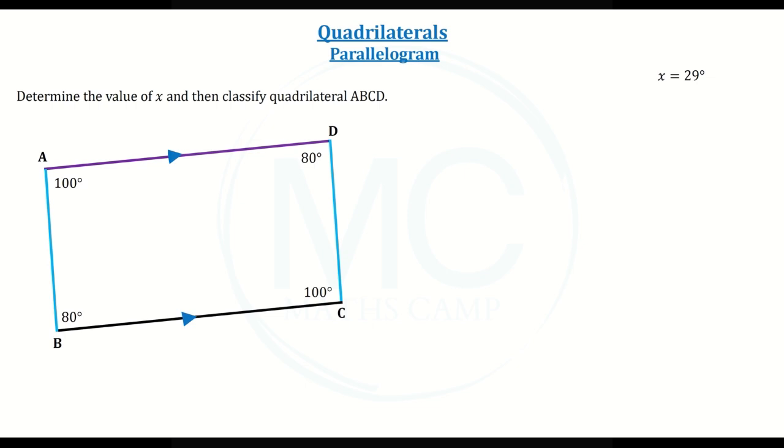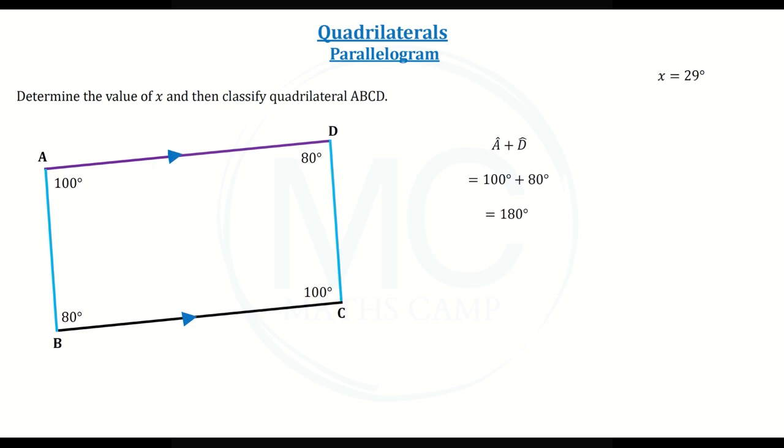So now we can consider angle A and angle D. So we can say angle A plus angle D, which is equal to 100 degrees plus 80 degrees, which we know gives us 180 degrees.